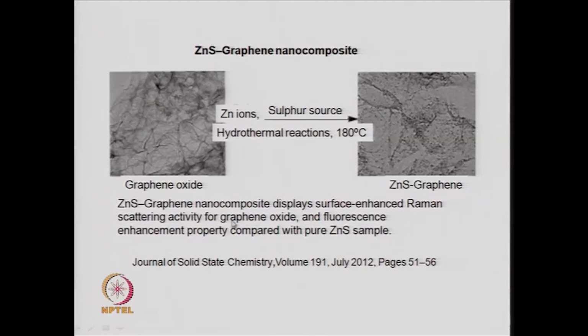So, the SERS activity you compare with graphene oxide, and for the nanocomposite it is much higher than for graphene oxide, and the fluorescence enhancement you compare with zinc sulphide, again for the nanocomposite the enhancement is much larger.